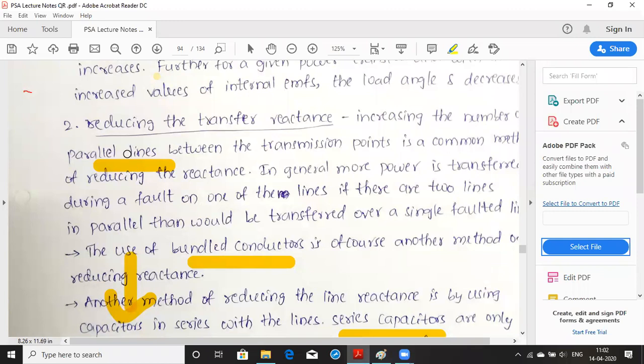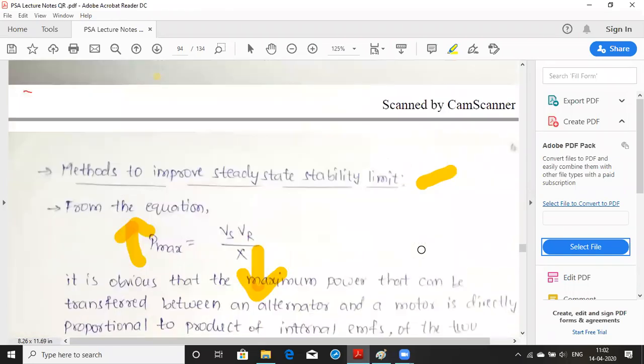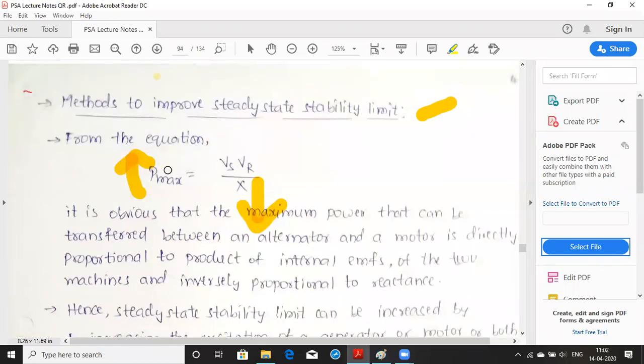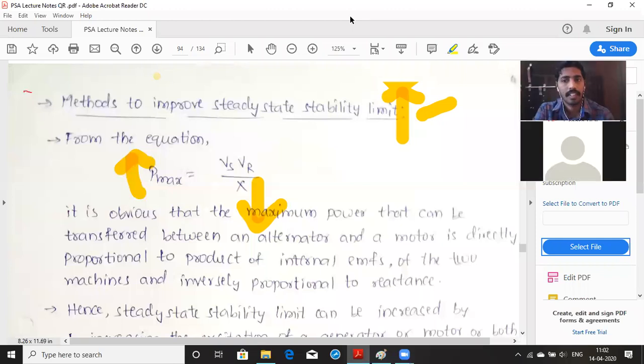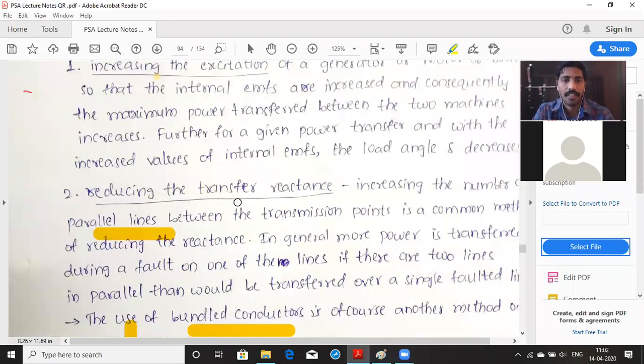The first one is parallel transmission lines. The second one is using bundled conductors. The third one is using series capacitors. So that we increase the power transfer. That means you are increasing the steady state stability limit. So these are the 2 methods: increasing the excitation and reducing the transfer reactance.